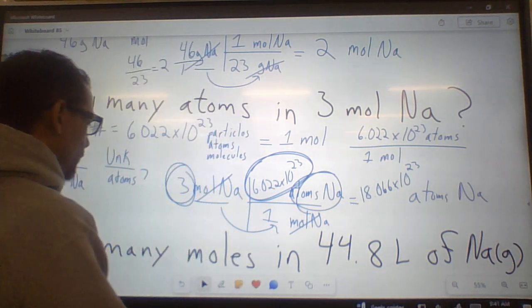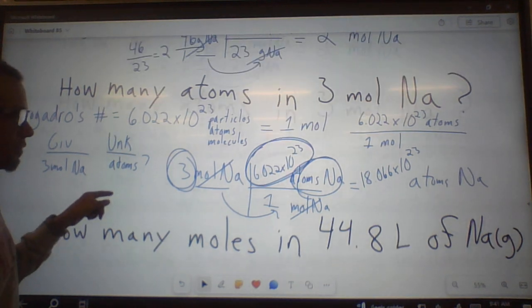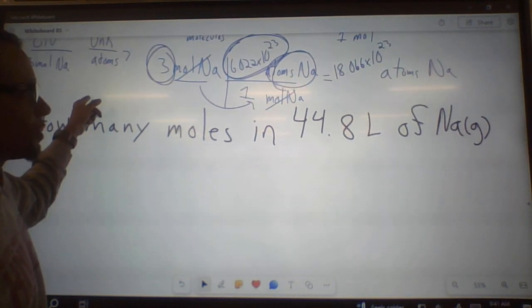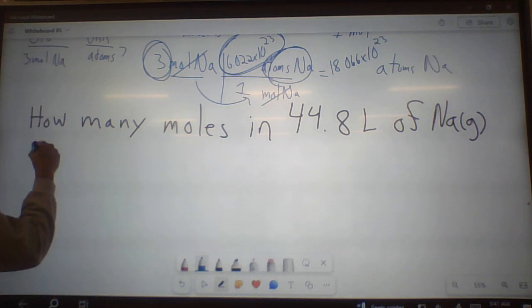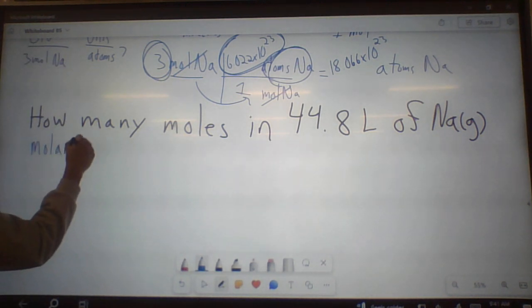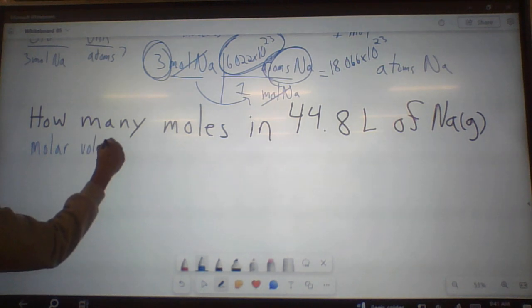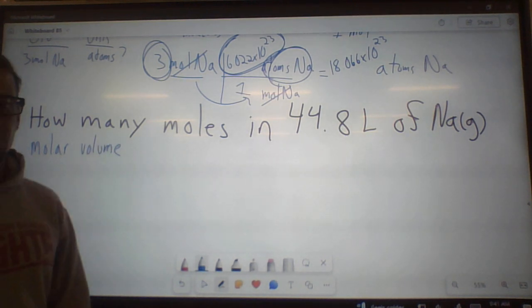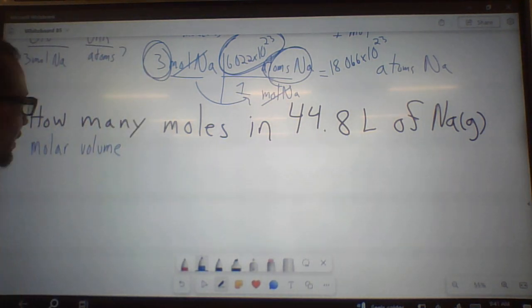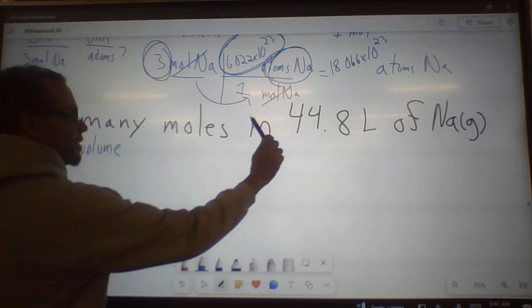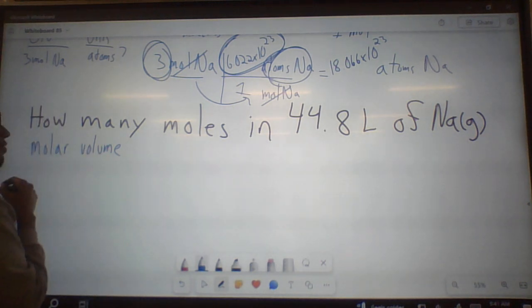That was pretty easy. Let's do another easy one. Let's see if we're doing hard. Okay, so this is molar volume. I knew this was molar volume because I saw the liters. Even if I didn't write this question, once I see liters, I know we're talking about molar volume.